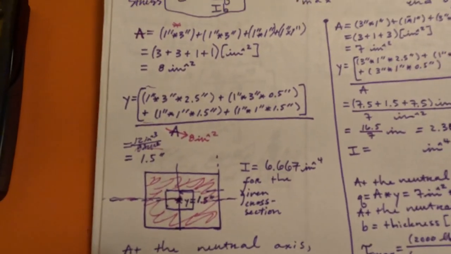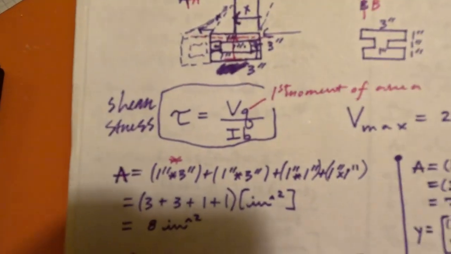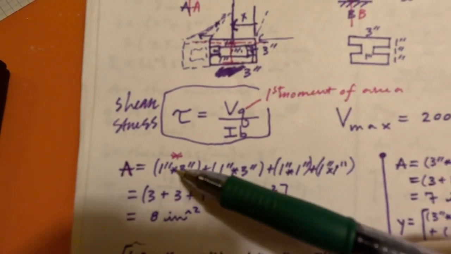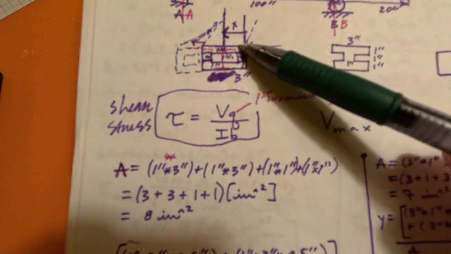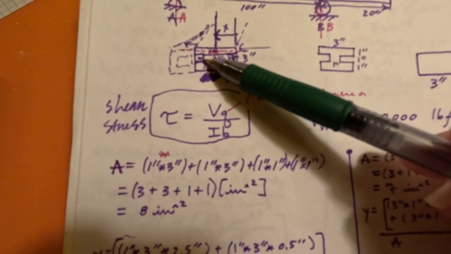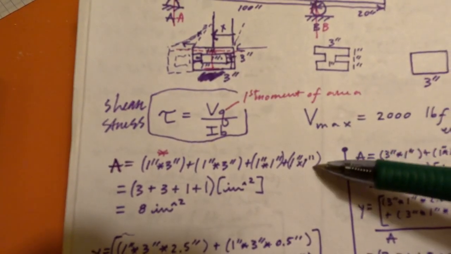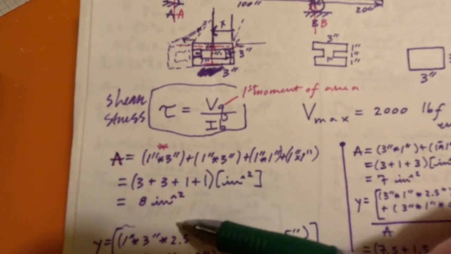I'm going to bring this in closer so you can see it. Right here, this is 1 inch times 3 inches for this top section's area, plus 1 inch times 3 inches for this bottom section's area, plus 1 inch times 1 inch for each of those sides. And so we get an area of 8 inches squared.